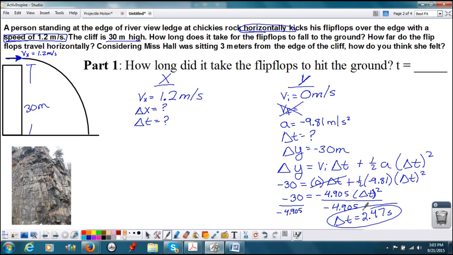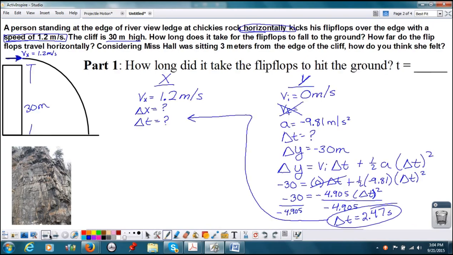Now, like I said before, this is 2.47 seconds to hit the ground. It doesn't matter that we were worried about just the y for now. It's also that exact same amount of time in the x direction. So we're going to use that for part 2.